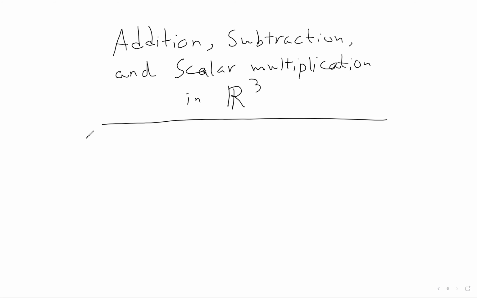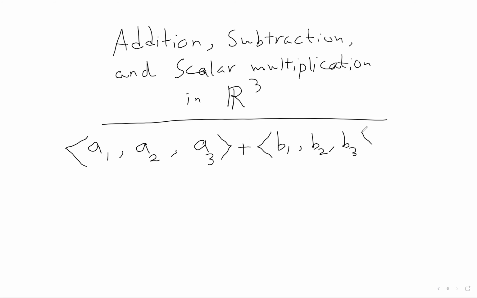So obviously, if I have two vectors, A1, A2, and A3, also B1, B2, and B3, if I add them up, the outcome is A1 plus B1, the first coordinate, A2 plus B2, the second coordinate, and A3 plus B3 will be the third coordinate. In the case of subtraction, suppose instead of plus it was minus.